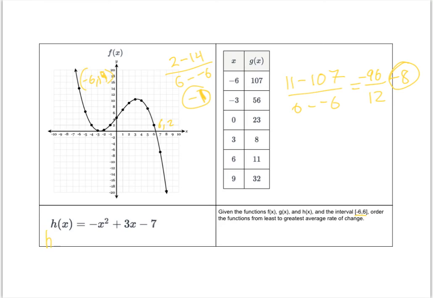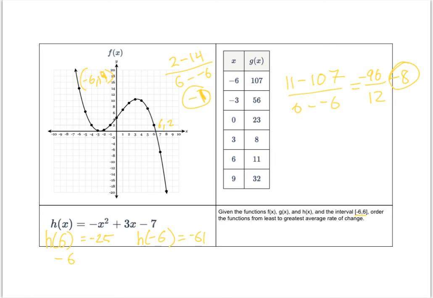I'm going to find h of 6, which is negative 36, plus 18 is negative 18, minus 7 is negative 25. And then h of negative 6 is going to be negative 36, minus 18 is negative 54, minus 7 is going to be negative 61.